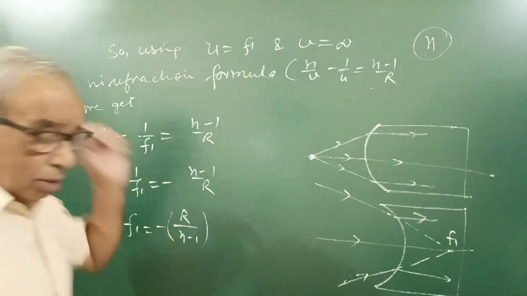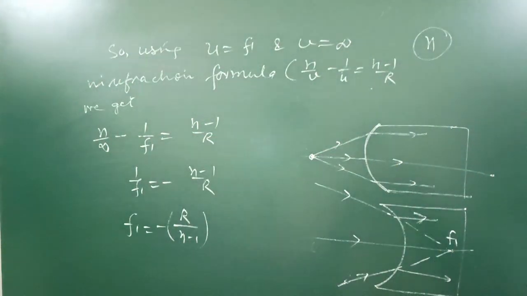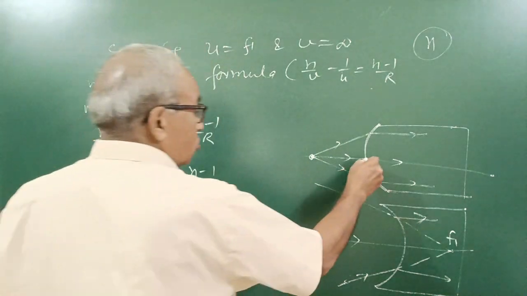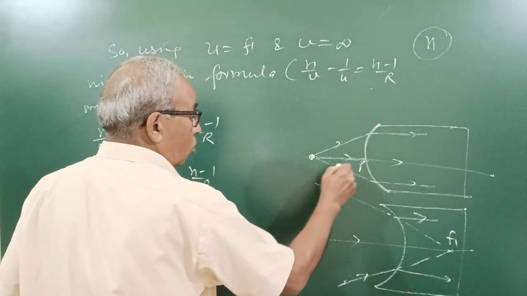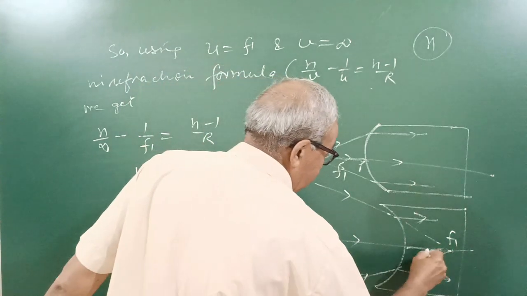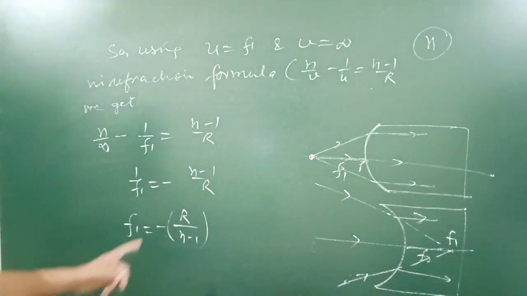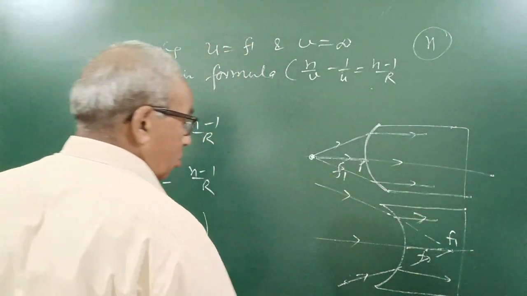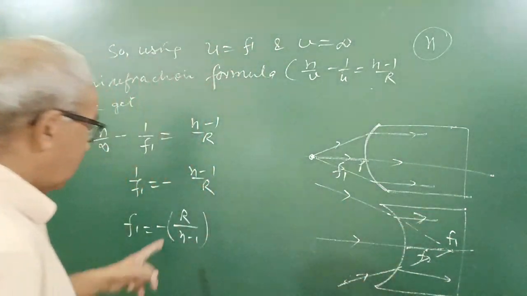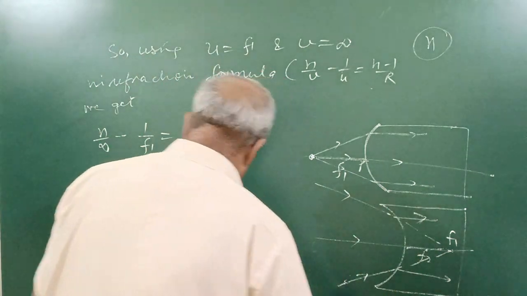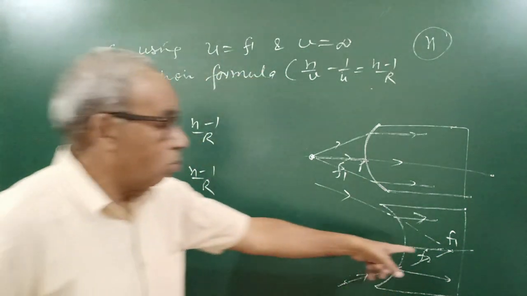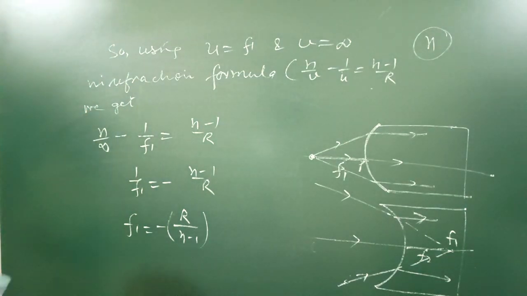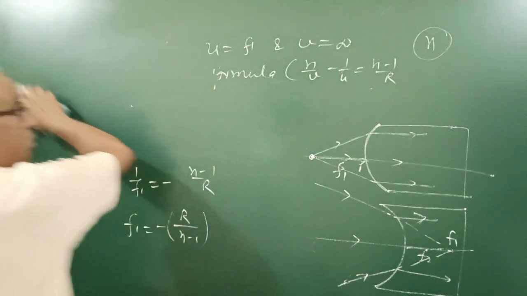This is called the focal length actually. F1 here is the focal length, the distance of the focus from the pole. For a convex surface, R is positive, so F1 is negative. For a concave surface, R is negative, so negative into negative gives positive, so it lies inside. So this is something about the first focus.